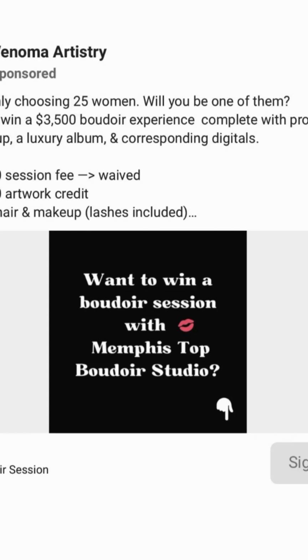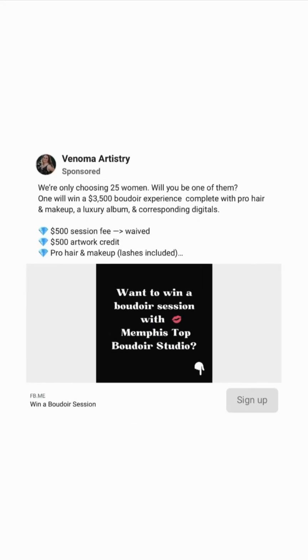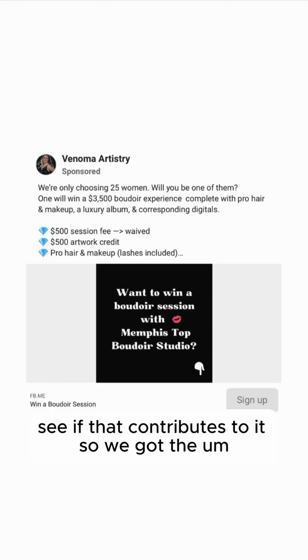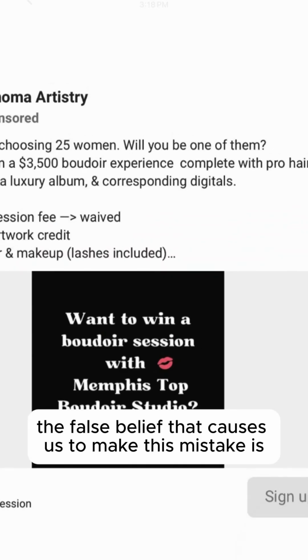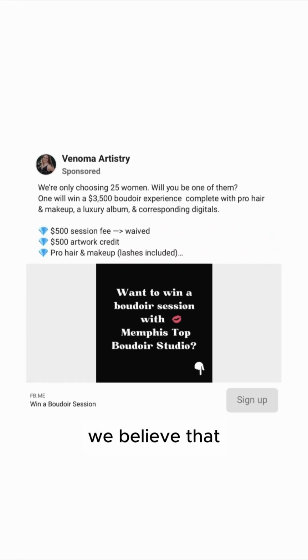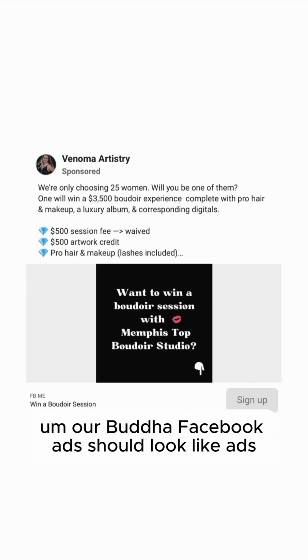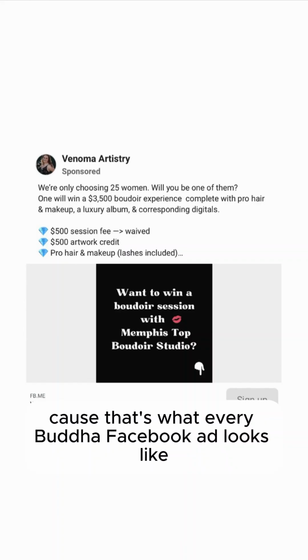Next, we look at the creative, the photo, to see if that contributes to BLCS. So we got what looks like an ad mistake here. The false belief that causes us to make this mistake is we believe that our boudoir Facebook ad should look like ads because that's what every boudoir Facebook ad looks like.